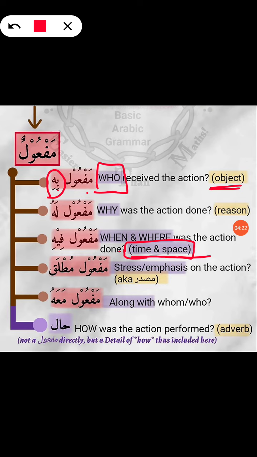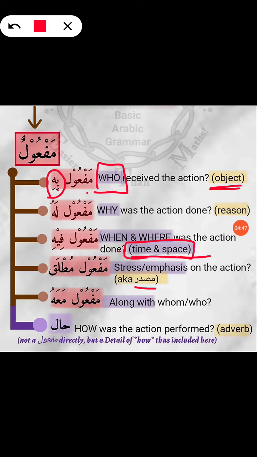Alright, next, maf'ul mutlaq, also known as masdar. There are some concepts related to masdar, and one of them is that it's the name of an action, and it is also a way to put stress or emphasis on the action.